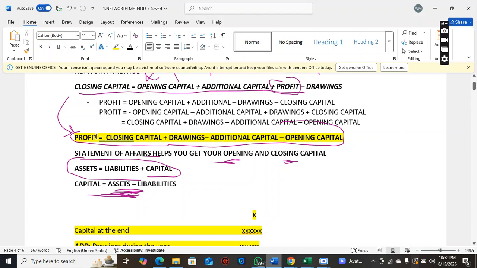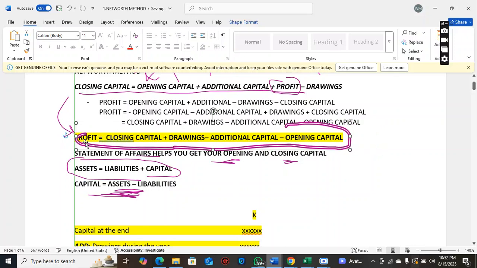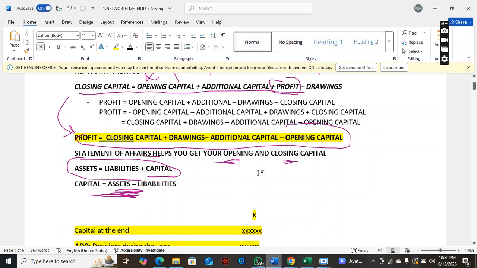So what is this formula saying here? And didn't we derive this together? Yes.